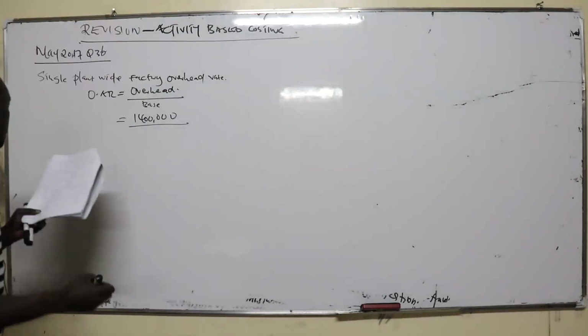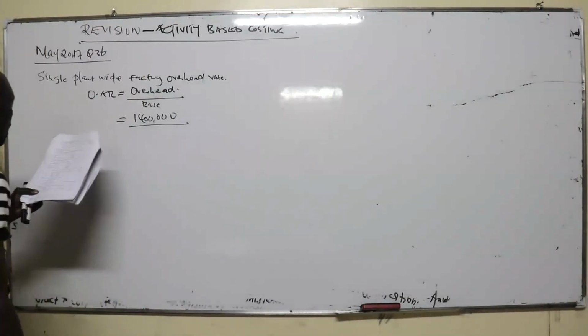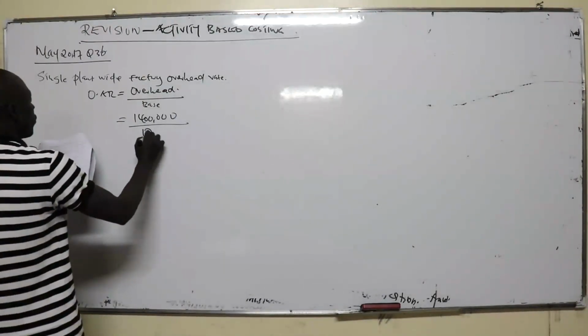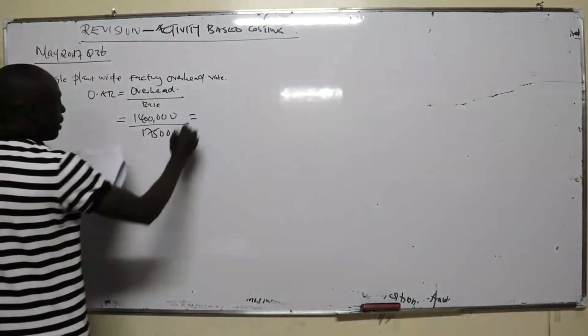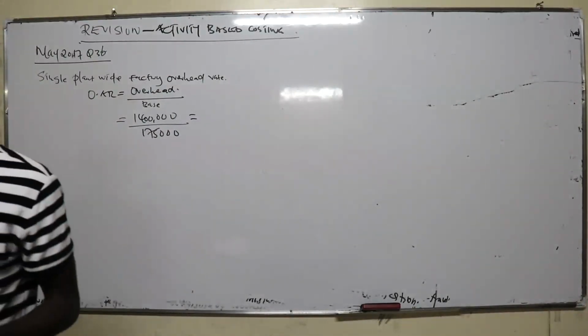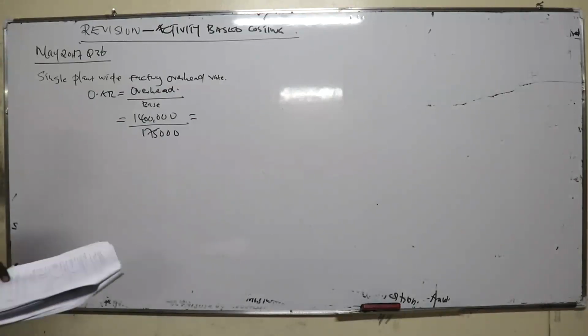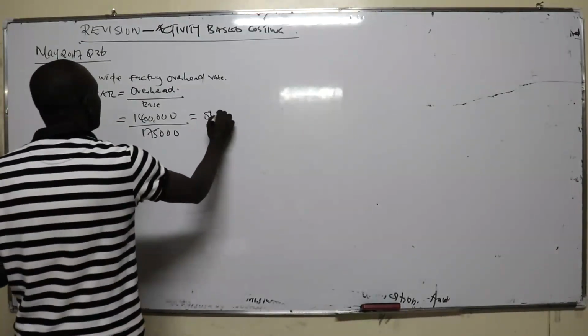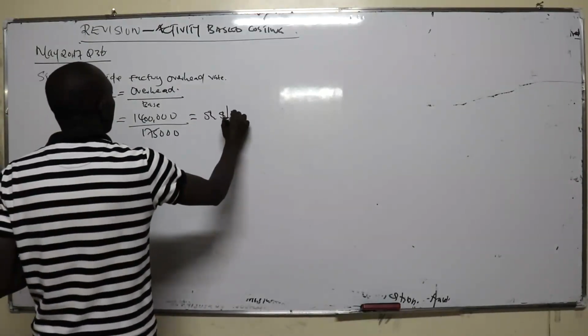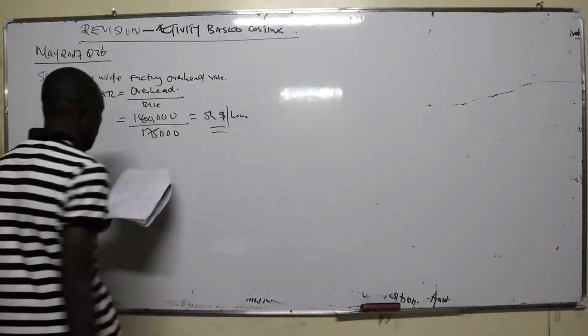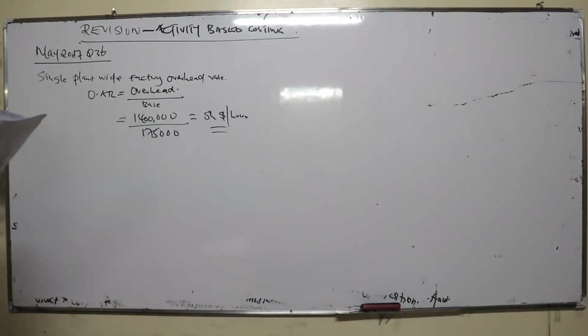The total direct labor hours provided is 175,000. So the absorption rate is shillings 8 per hour.